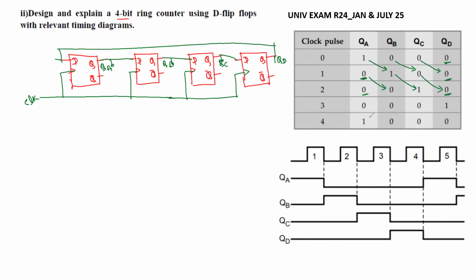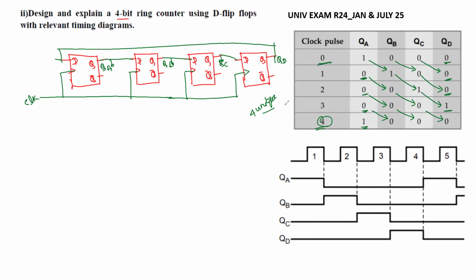Again this one comes here, so shifting takes place again. After the 4th clock, this one came here and shifted here. So this and this are both the same state. That's why here we have only 4 unique states.